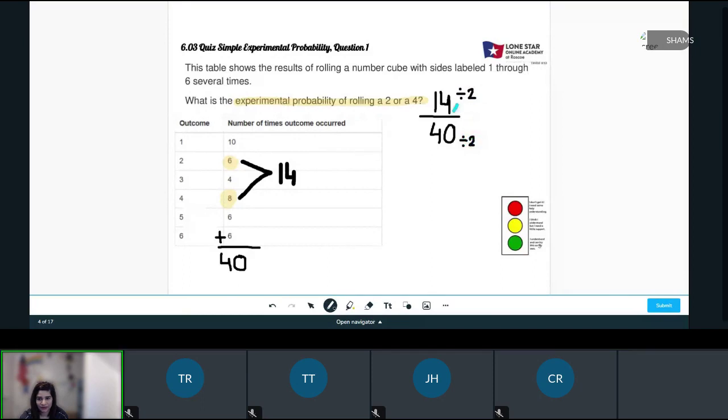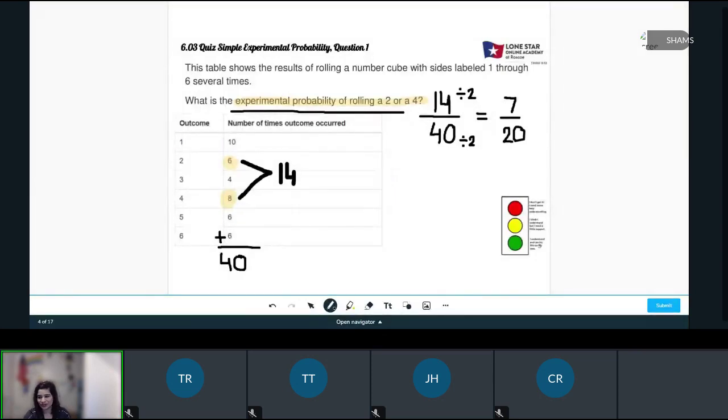If you simplify by 2, 14 divided by 2 gives you 7, and 40 divided by 2 will give you 20. Seven over 20 is the experimental probability of rolling a 2 or a 4.